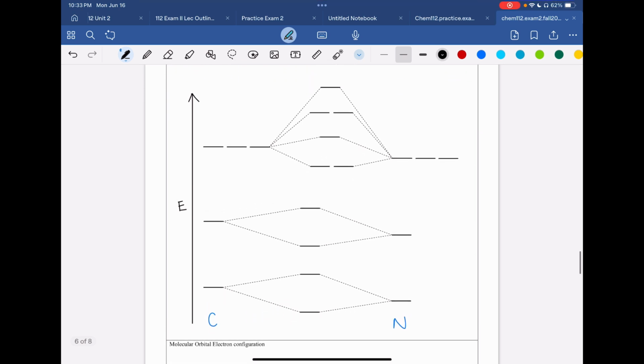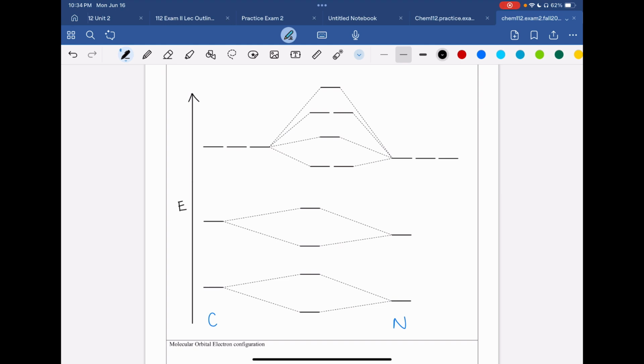Okay. So let's do carbon. So first off, remember how the box diagrams for the contour is strictly valence? For your molecular orbital, it is everything, okay?